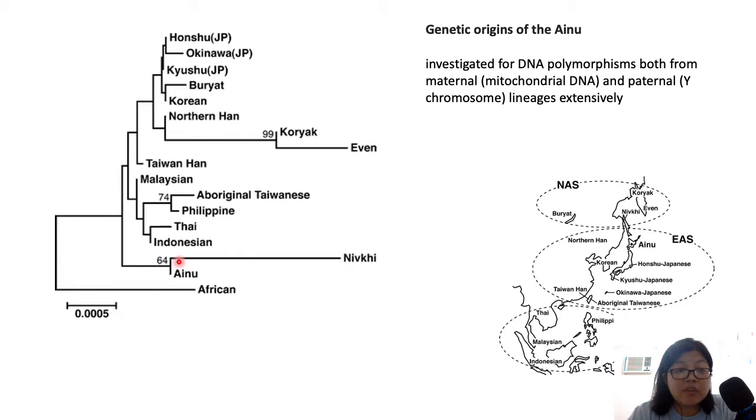But you can see here the branch is longer than the Ainu's. This means that the Nivkhi genes underwent several genetic mutations already. So they are very distinct from the Ainu, but they shared a common ancestor. The Nivkhi and Ainu share a common ancestor that is not shared with other Asian countries. Okay, so you can use such kind of studies.